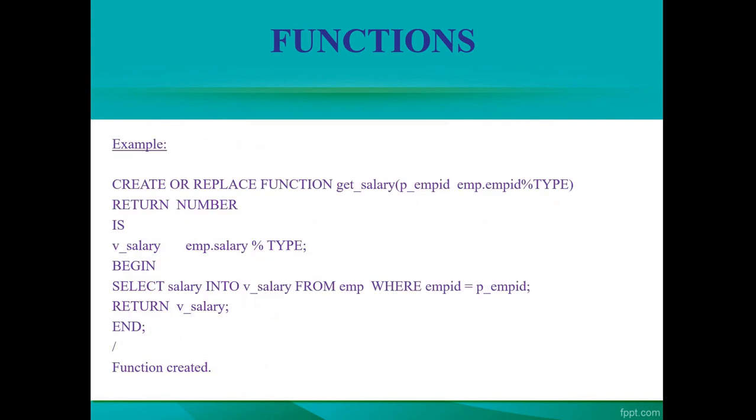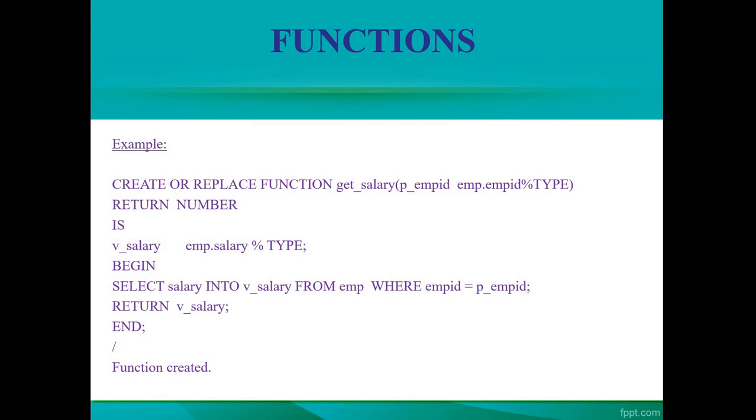Next, here we are going to see an example of a function. By giving the employee ID, I am going to fetch the salary of that particular employee. This function is written as CREATE OR REPLACE FUNCTION. I have given the name as get_salary, and I am passing the parameter p_employee_id, a variable used to pass the employee ID, referencing the employee ID column in the EMP table.